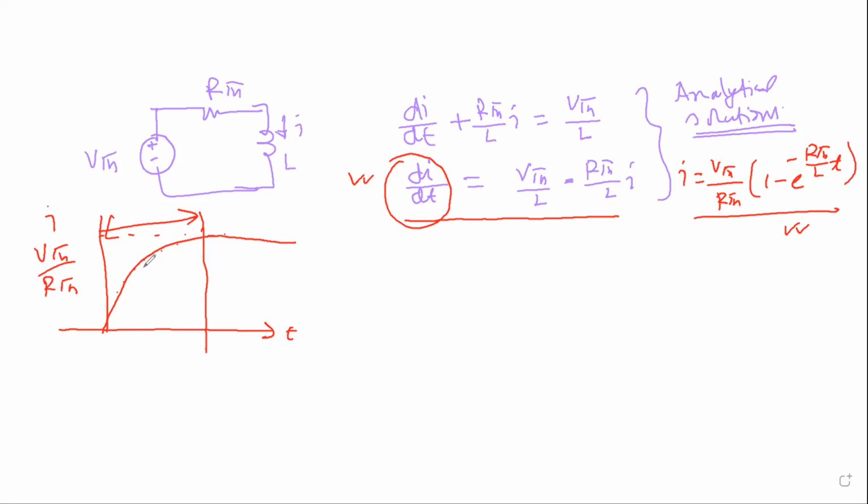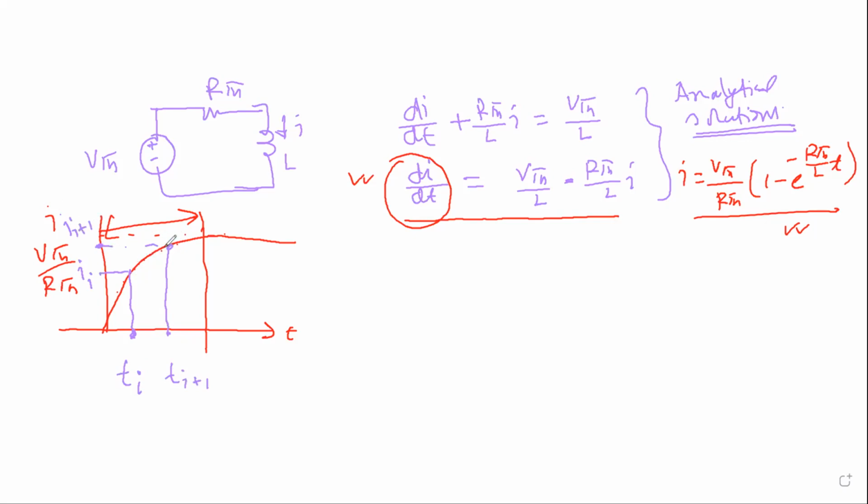You can select, for example, two time instants. Say this is your one time, Ti, and say another time there, Ti plus 1. The corresponding values of your current are I at this point and I plus 1 at that point.